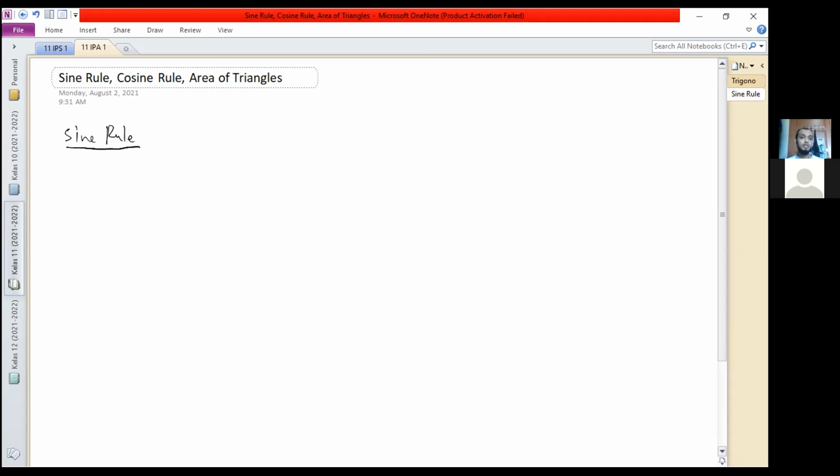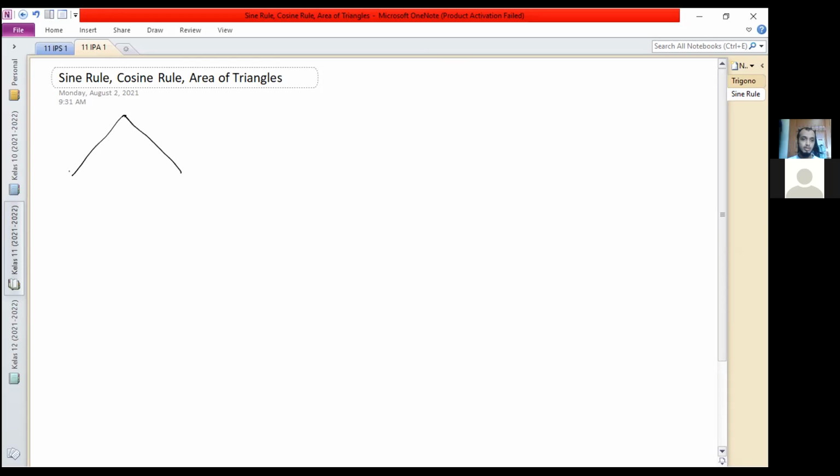Both the sine rule and cosine rule, and the area of triangle that I will give you, can be used in any triangle. It doesn't have to be a right triangle, okay? Tidak harus segitiga siku-siku.